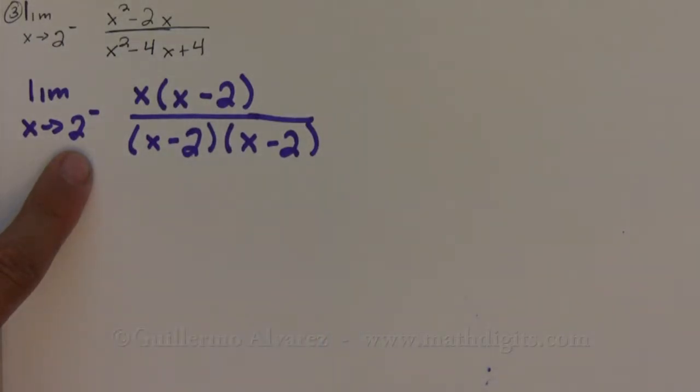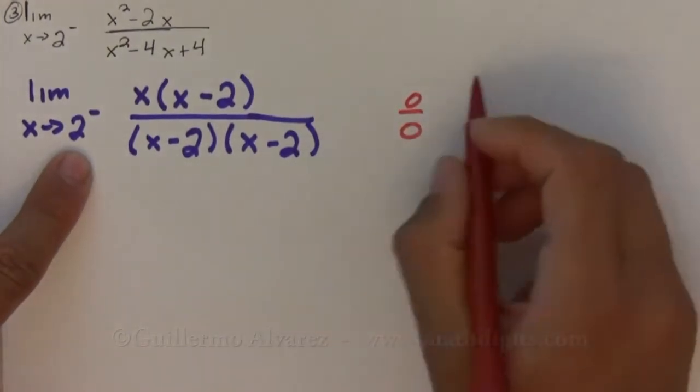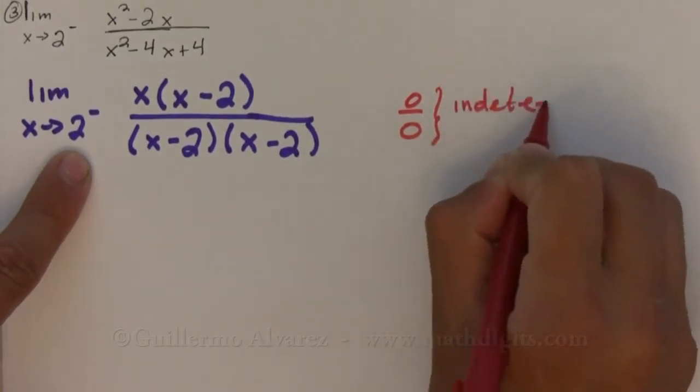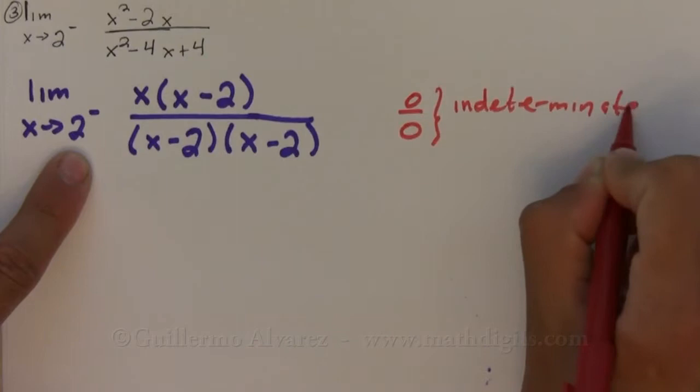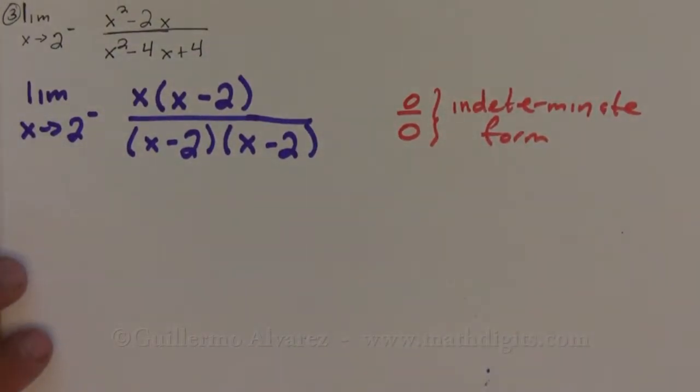And so this is an indeterminate form. And so what this means basically is that we have to do some algebraic manipulation to see what's going on.